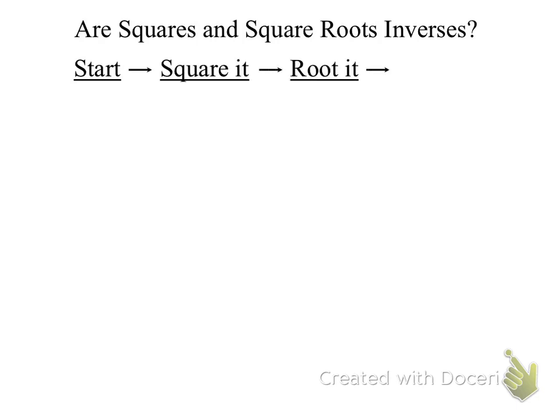Squares and roots are inverses. So can we go the other way? If I take a number, I square it, then I root it, I get the same thing, right? You'd think. Try it again.